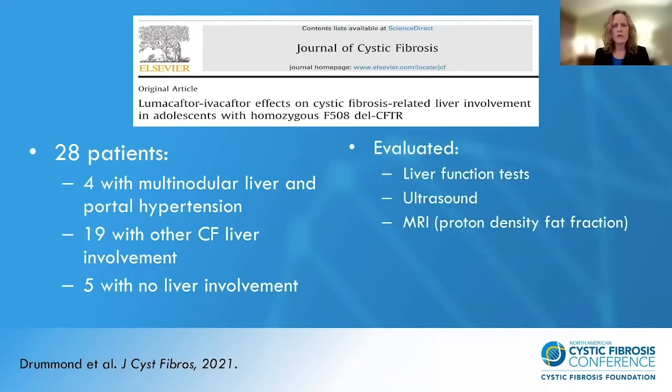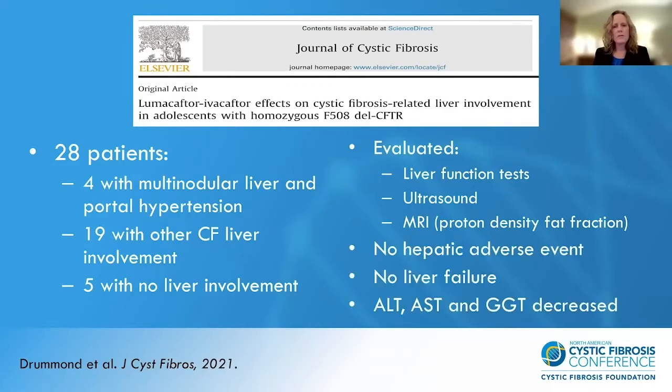They were evaluated with liver function tests, ultrasound, and proton density fat fraction, and their results showed no hepatic adverse events, no episodes of liver failure, and importantly, all AST, ALT, and GGT decreased through the course of the study.